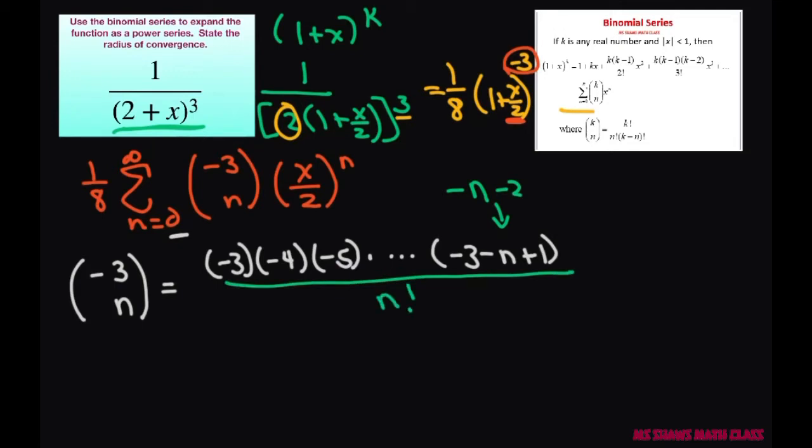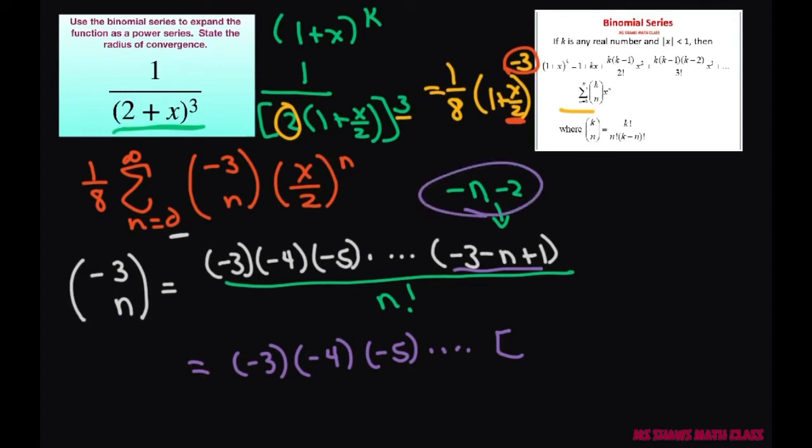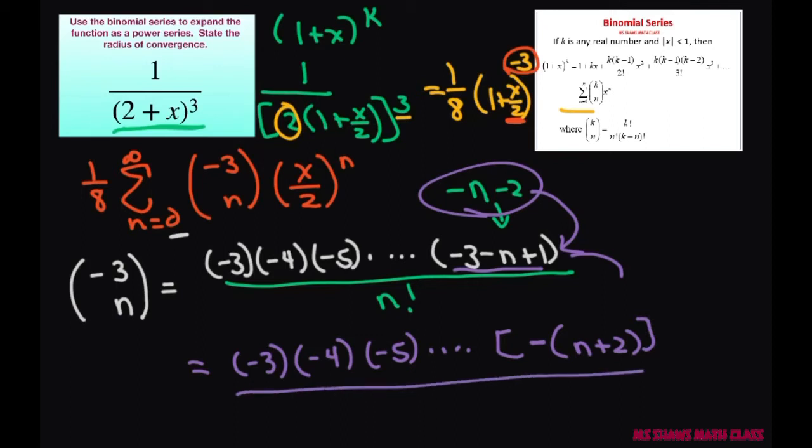So I can write this as -3 times -4 times -5 ... and then for this last part, I'm going to write negative n plus 2, because these are all equivalent, all divided by n factorial.